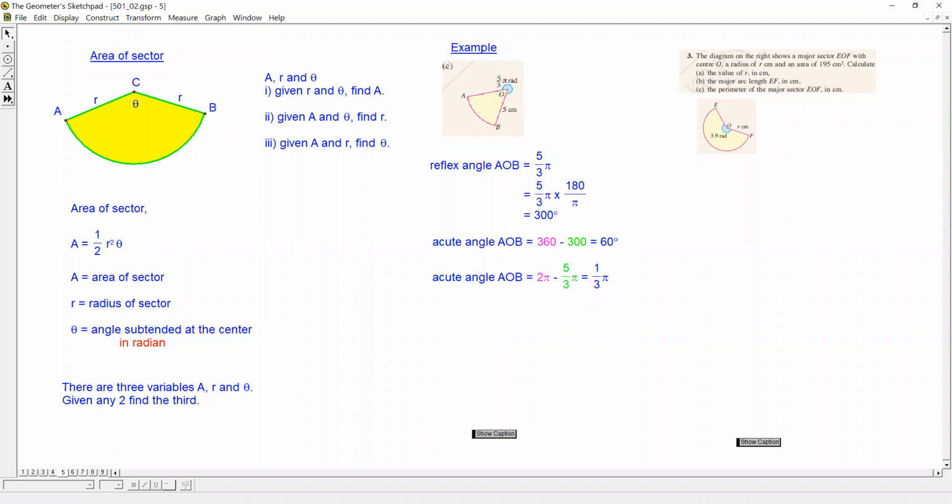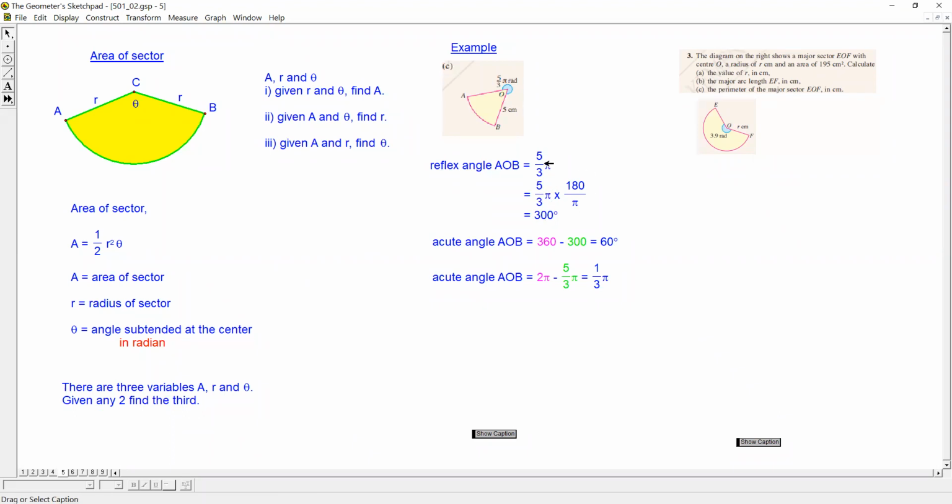You have to memorize the table. So instead of using 360, I use 2 pi. And the reflex angle actually is 300 degrees, but you don't know that unless you do the calculation like this.